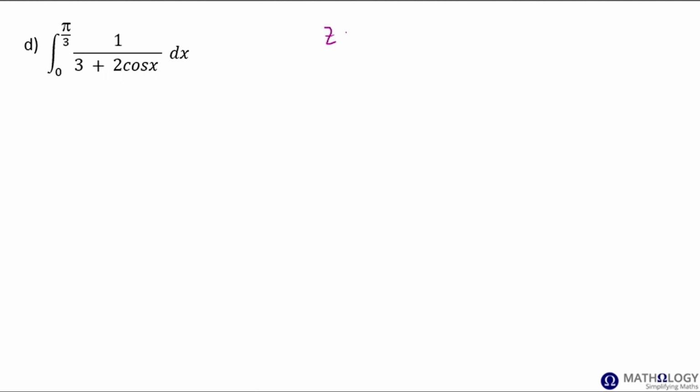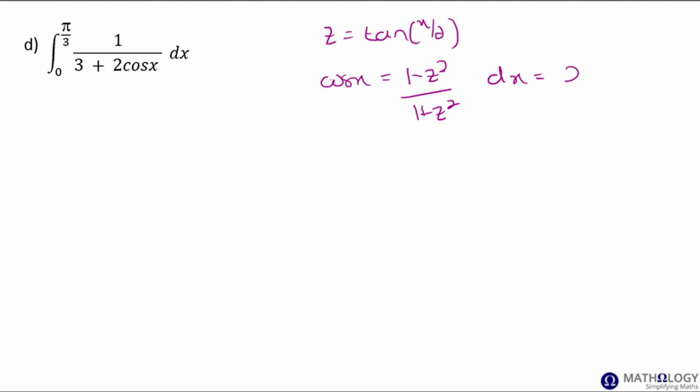Okay, again, z equals tan(x/2). We've only got cos x here, so we're only going to worry about cos x. So cos x is (1 - z squared) over (1 + z squared), and dx equals 2 over (1 + z squared) dz. So that equals the integral from 0 to pi/3.